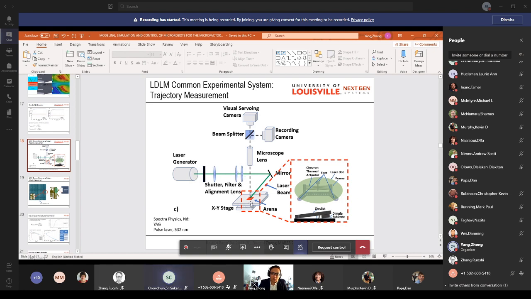We don't want a very strong laser beam, so those filters just make the laser beam less bright. And the other filter is located on the camera system. Just like I mentioned, that filter is for when we are recording the video or doing the visual servoing, we don't want that interference. We can filter out the green light of the laser beam. Does that answer your question? Not perfectly, but that's fine.